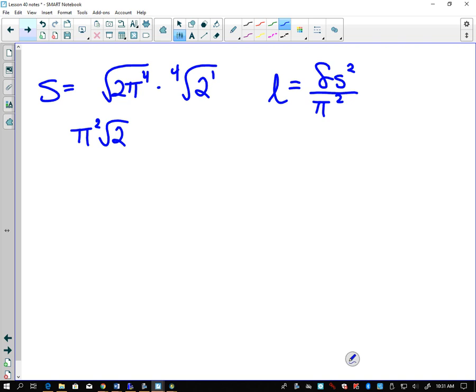And times the fourth root of 2, which would be 2 to the 1/4. Times 2 to the 1/4. So that looks like my seconds a little different than what they have in their explanation.